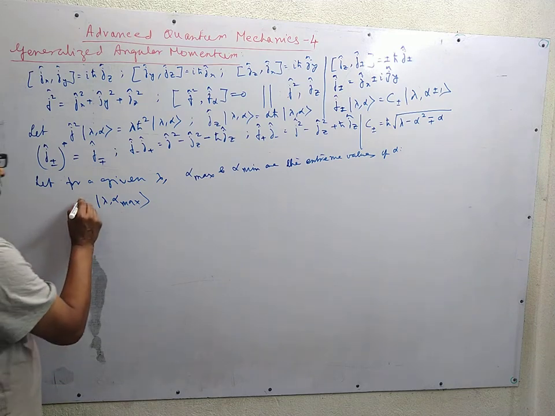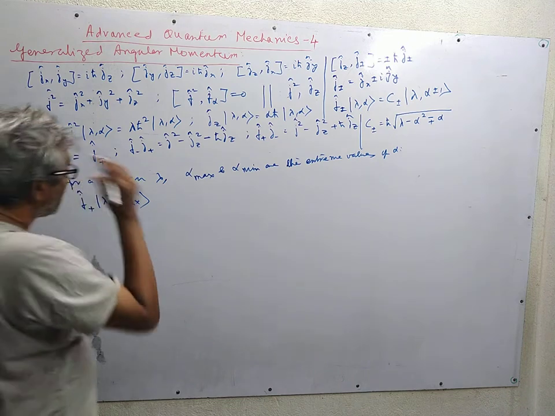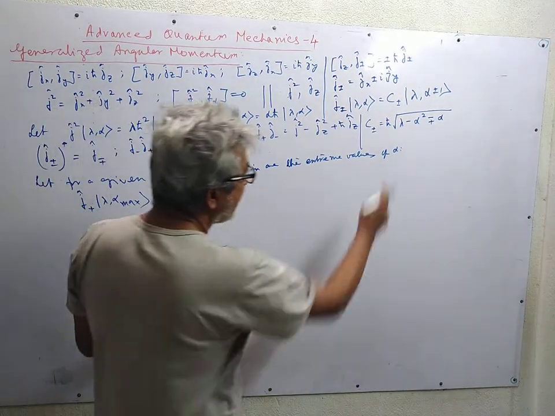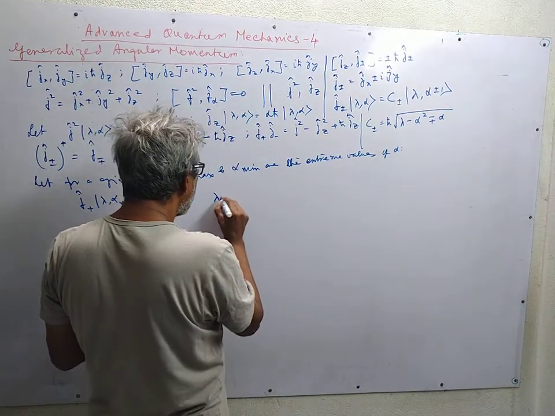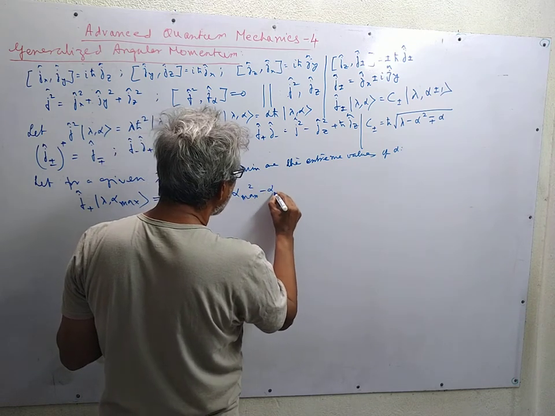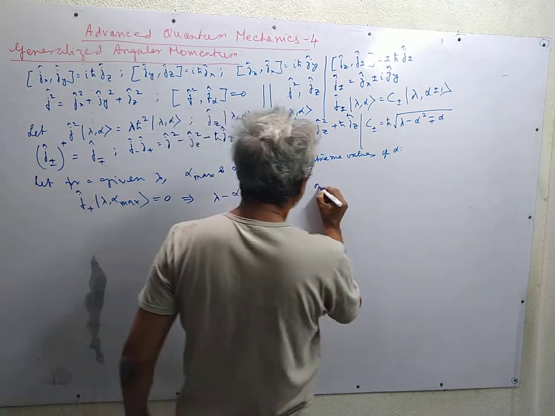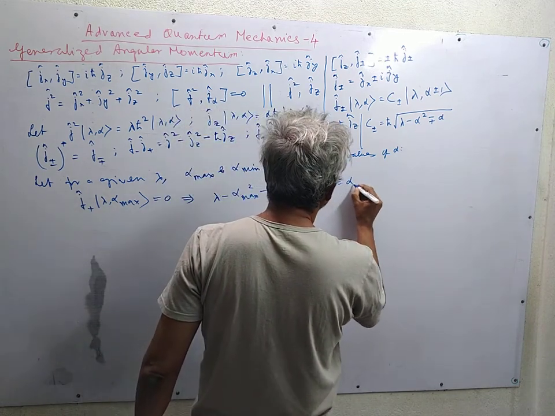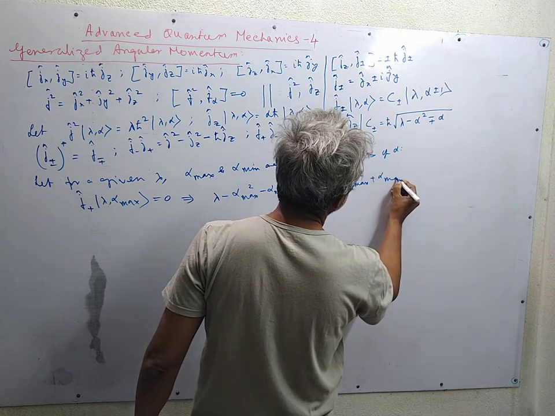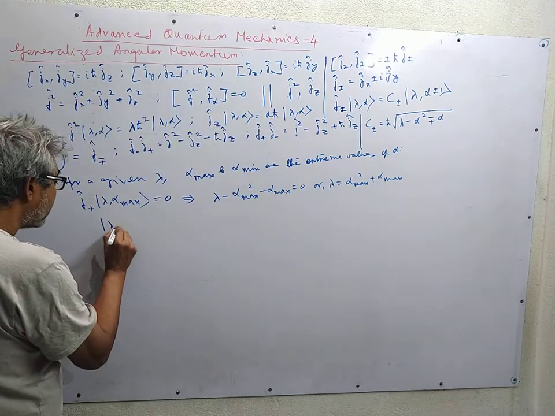If we further operate it by J plus, it should be a null ket, implying that lambda minus alpha max square minus alpha max is equal to 0, or lambda is equal to alpha max square plus alpha max. Similarly, consider the ket lambda alpha min.